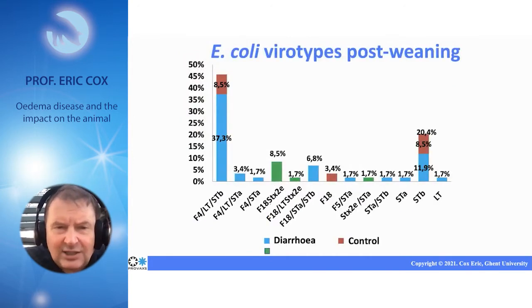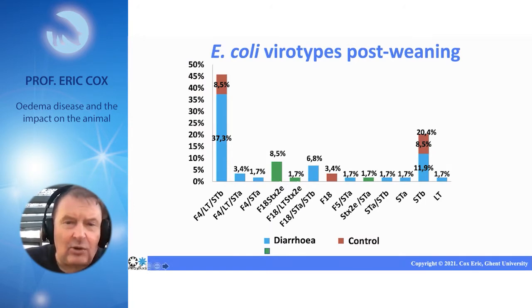So when you isolate E. coli in the post-weaning period, then a number of virulence factors can be identified on these strains. And this slide gives you an idea of what you can find, but it can be even more complex. So you see in this study, which occurred in piglets with post-weaning diarrhea, F4, LT, and STB is most prevalent.